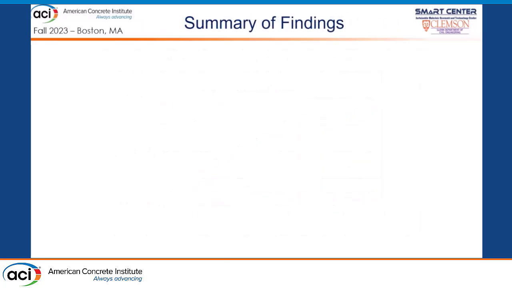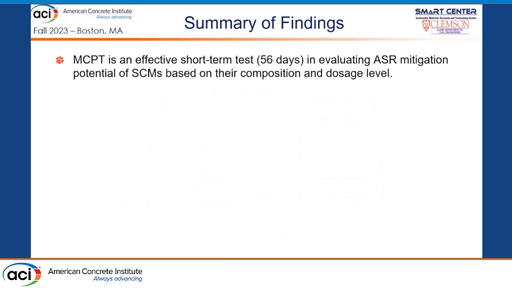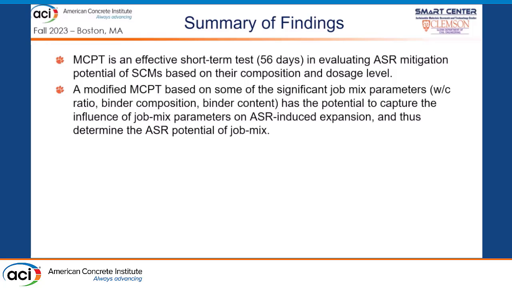So basically, the summary of findings from this study is that MCPT is an effective short-term test, a 56-day test, in evaluating ASR mitigation potential based on composition and dosage levels. Like I said, if we can use a modified MCPT, especially matching the soak solution with the pore solution concentrations, along with the mixture proportions of the field concrete, it has the potential to capture the influence of job mix parameters on ASR-induced expansion.